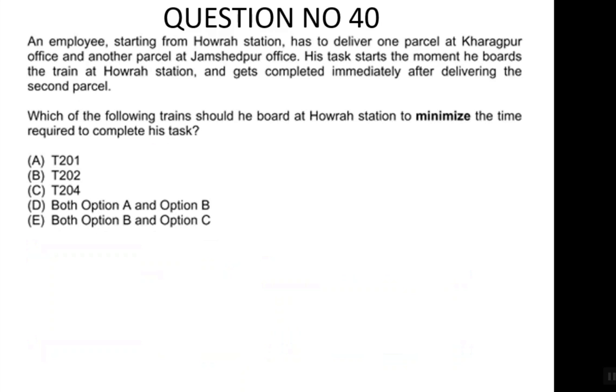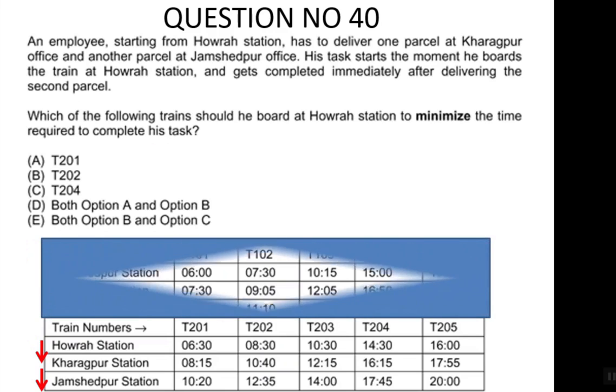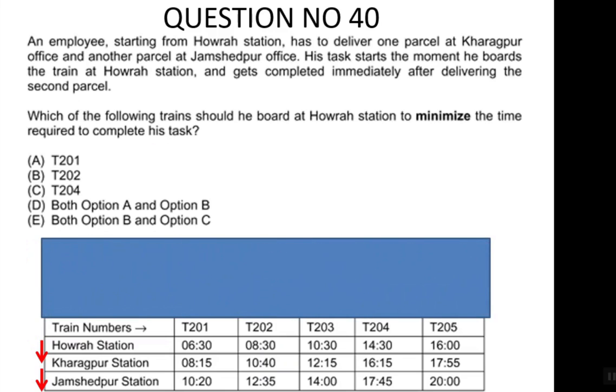The question is, which of the following trains should he board at Howrah station to minimize the time required to complete the task? Now, if you look at this table, what we have to do is, he has to travel from Howrah to Kharagpur and Kharagpur to Jamshedpur, which we can decide because if you look at the options, you will observe that we do not require the first part of this table at all.